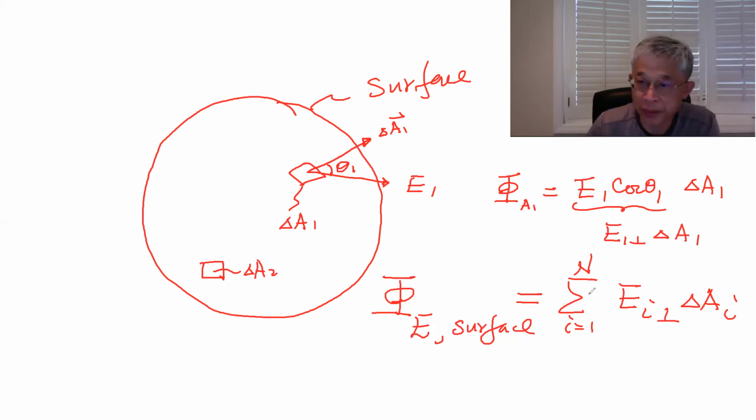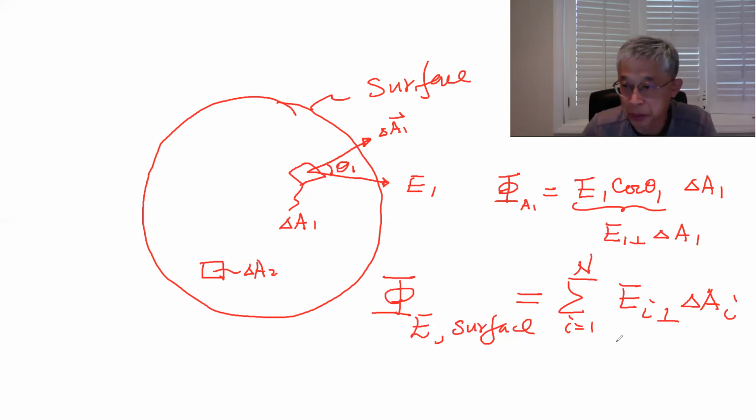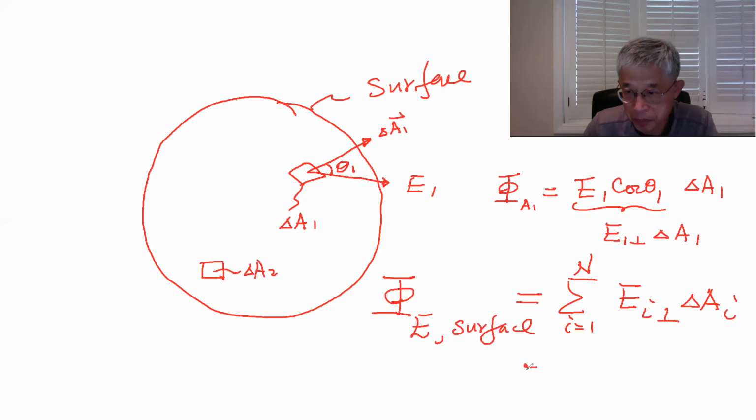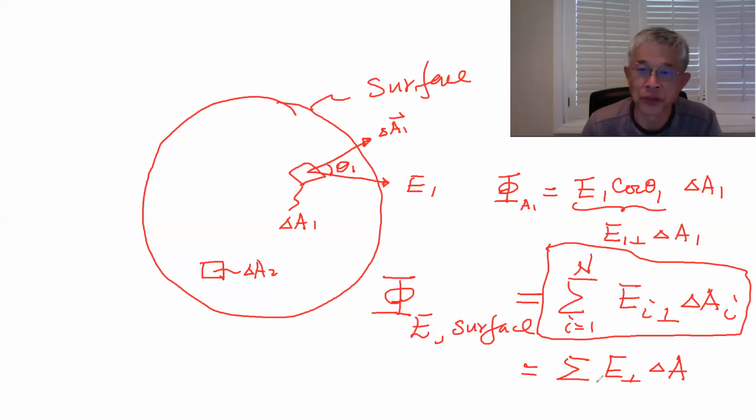If you add this all together, you can also simplify the notation a little. You still break it into pieces i from 1 to n, but notation-wise you can write it a little differently. So that's your total electric flux.